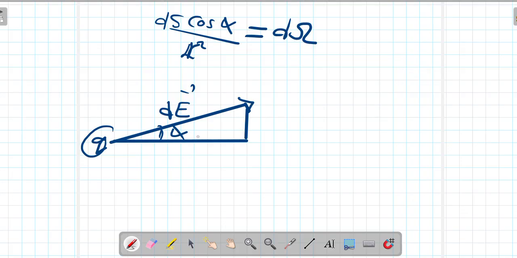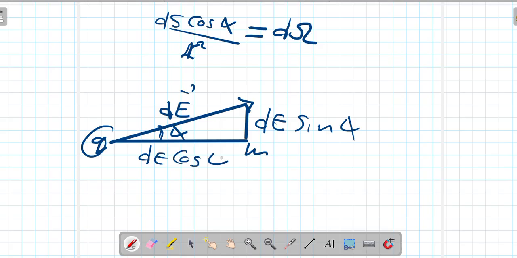Maybe this is a point M. Whenever you have a right angle triangle and you want to know the components of dE, in this direction it will be dE, the magnitude, the hypotenuse, multiplied by sine alpha. The component here will be the magnitude multiplied by cos alpha. Simple as that. What component is this going up?